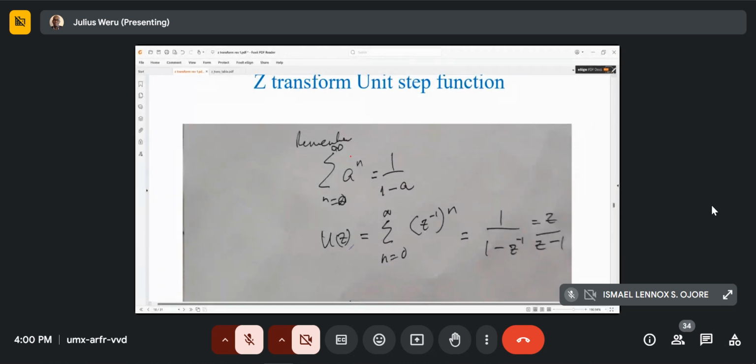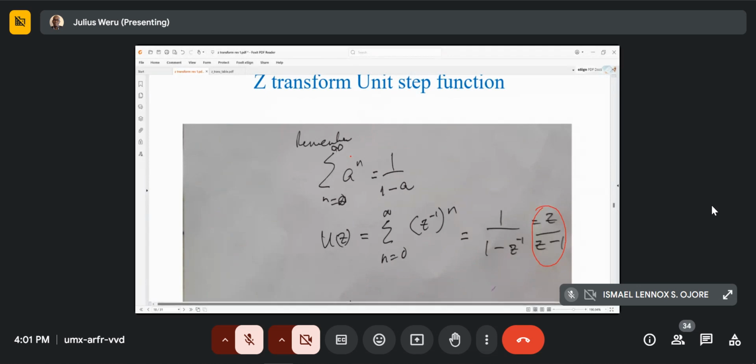Therefore, U of z is simply 1 over 1 minus a, which is that.